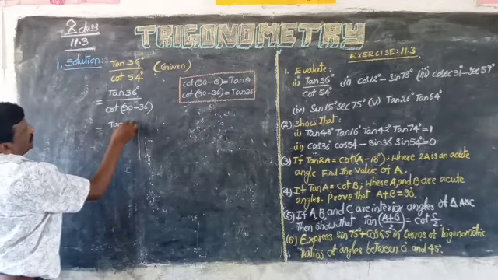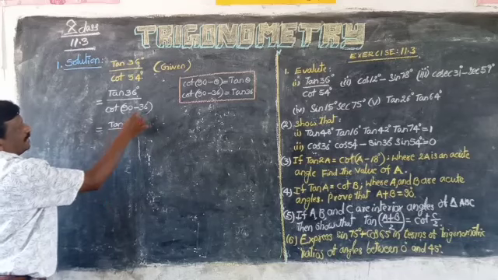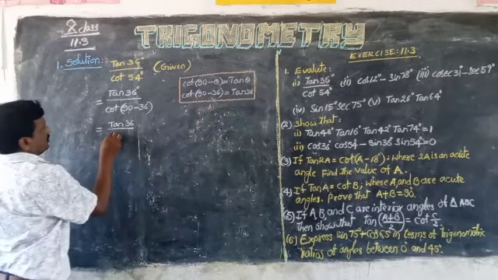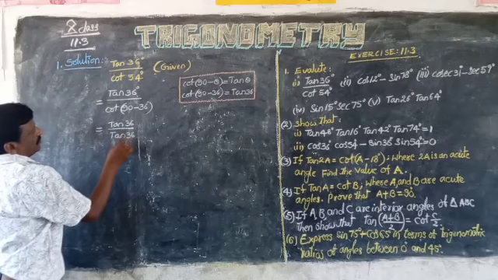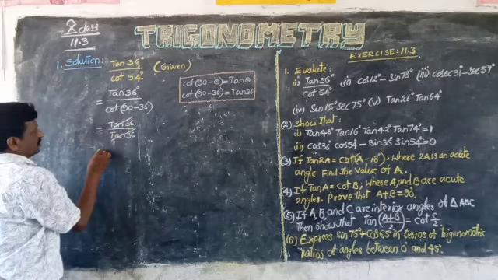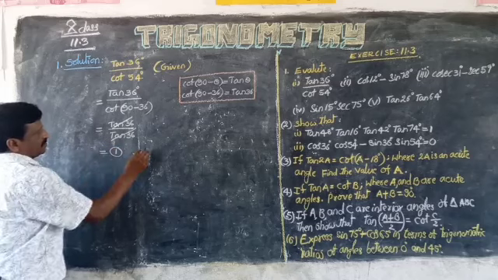So tan 36 by tan 36 cancels. So the answer is 1.